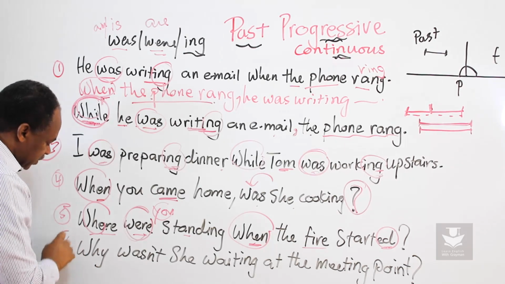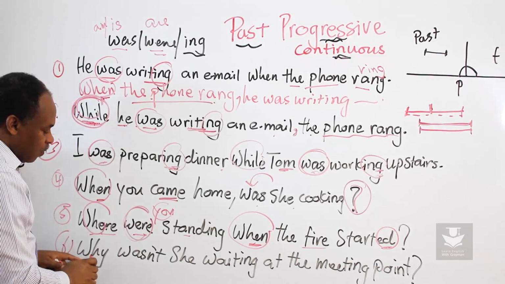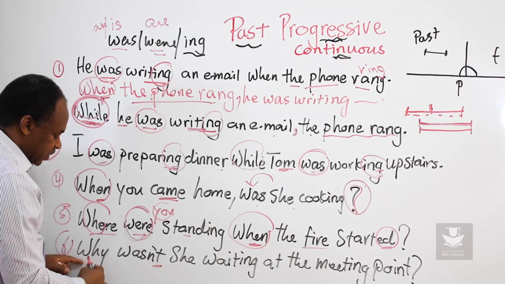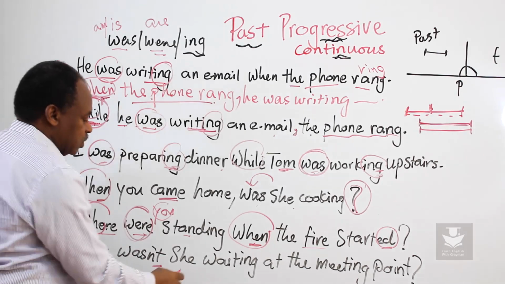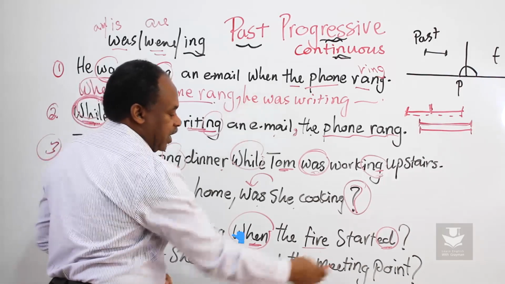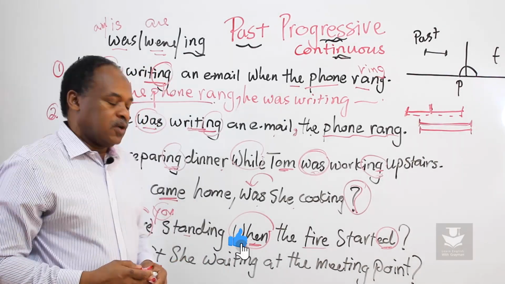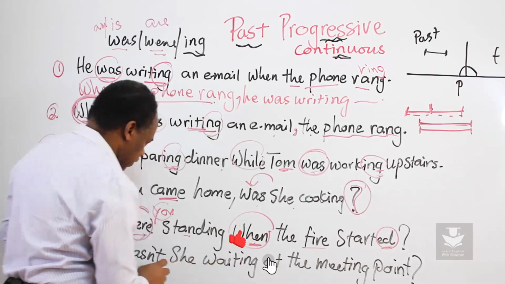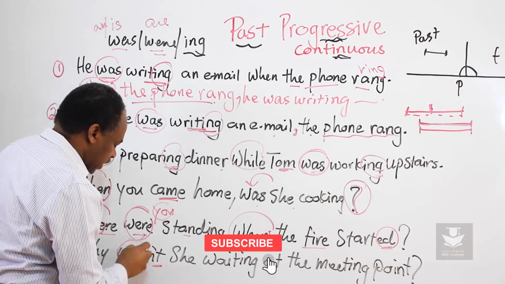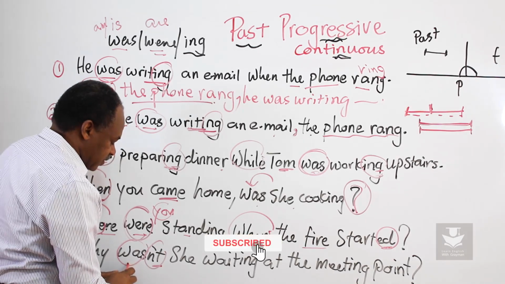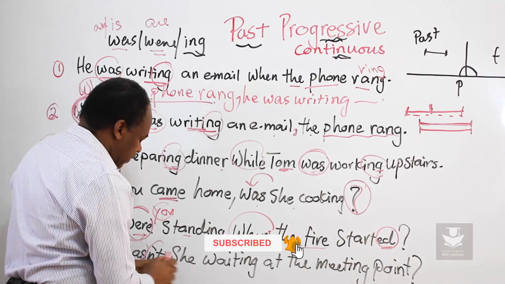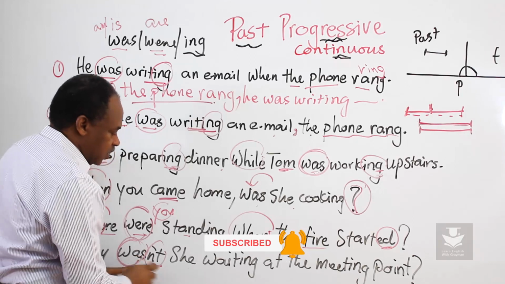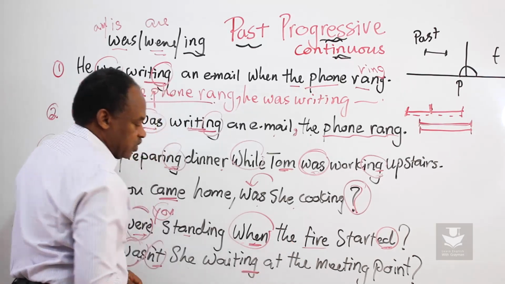The last one, that's number 6. Why wasn't she waiting at the meeting point? So if you look at wasn't here, negative. She takes was, and then here shows continuous.